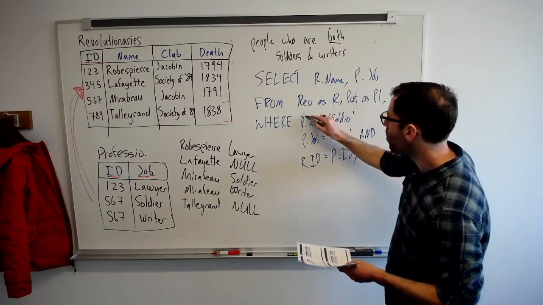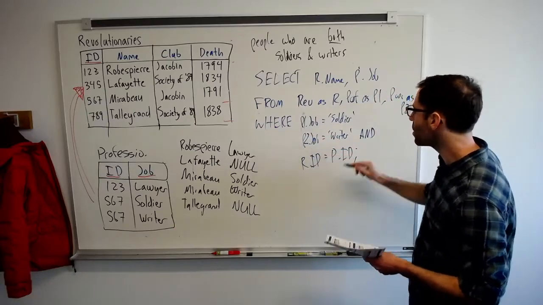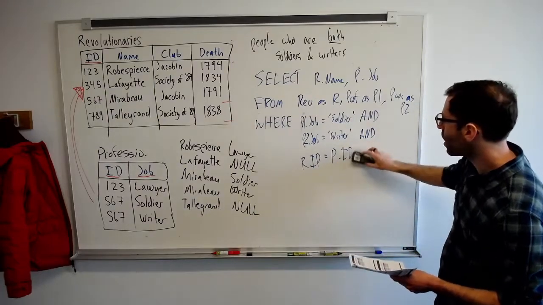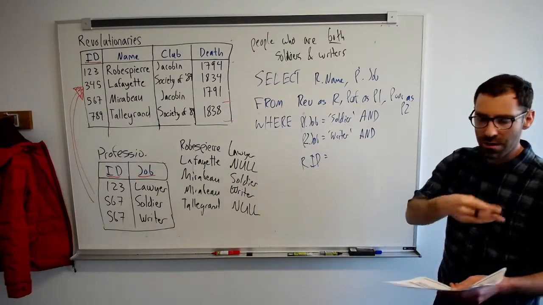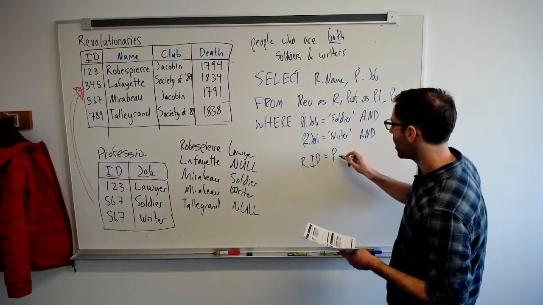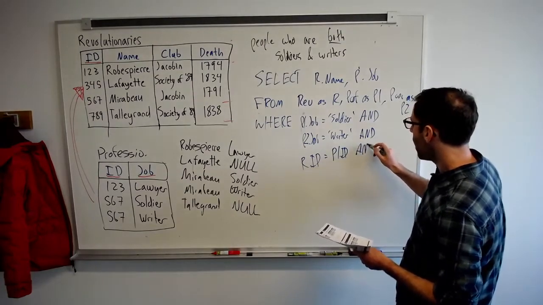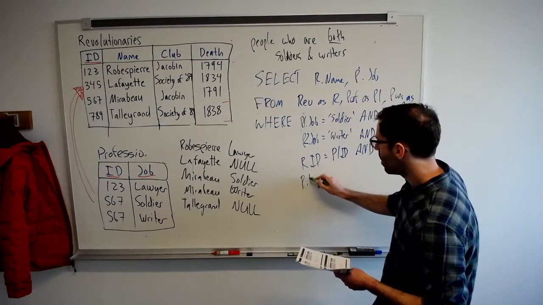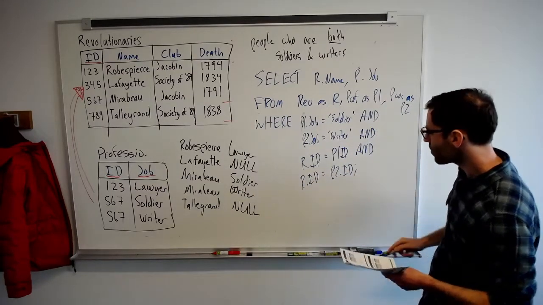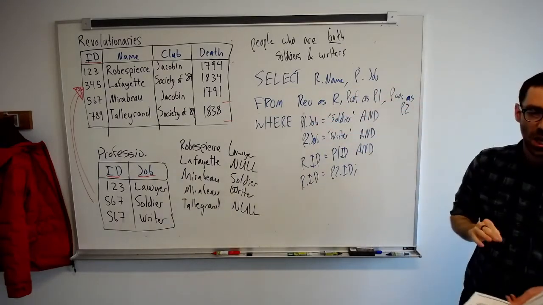We're going to say, all right, P1, the job needs to be soldier. P2, the job needs to be writer. And we also have to include in our where clause linking up all these IDs, where our ID is P1.id and our ID equals P2.id.